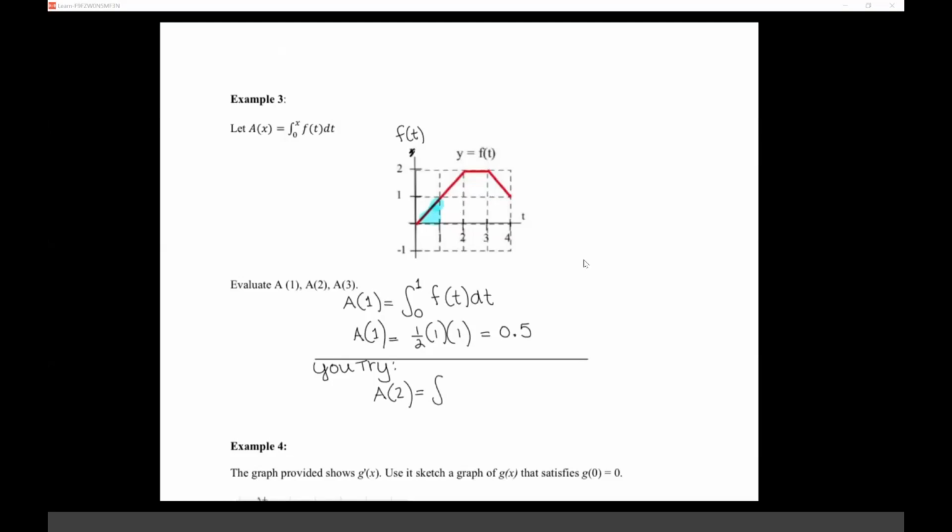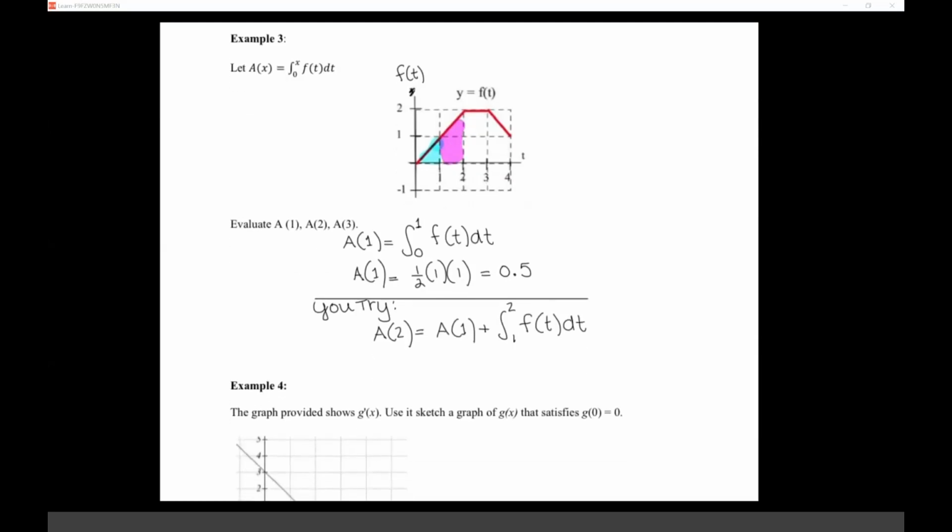That's one way to do it. So I'll put the formula for you. Take what we've done, and now you're interested in this piece. What I'd like you to do is try that one, and type done when you finish.